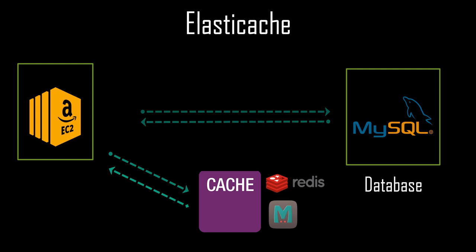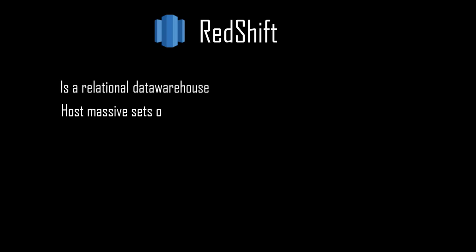That being said about Elasticache, let's talk about another service from AWS called Redshift. Now, Redshift is also part of the relational databases portfolio in AWS, but this is used for warehousing purposes. When you think about a warehouse, it is about hosting massive sets of data.